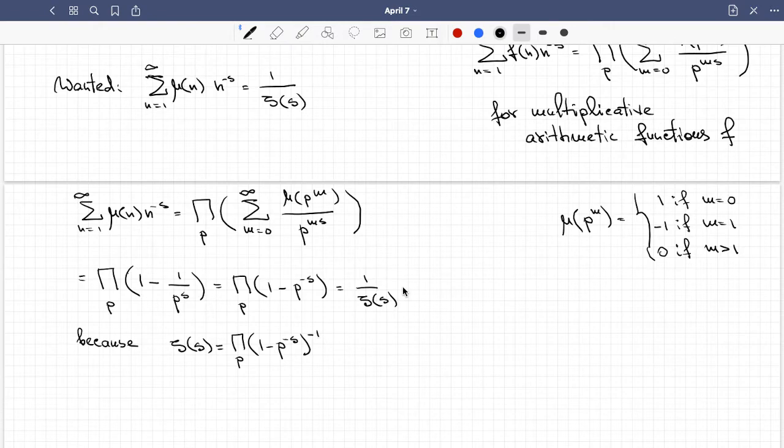So this zeta is the product of all these same factors, every one taken to the power negative 1. Thus, we got the identity.